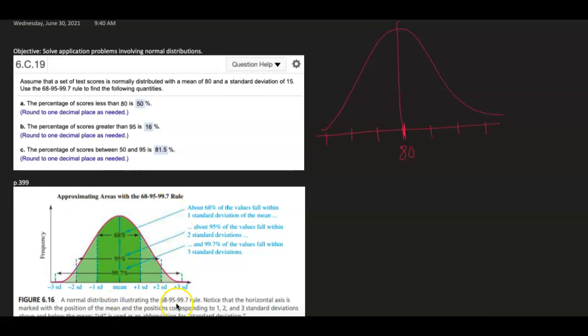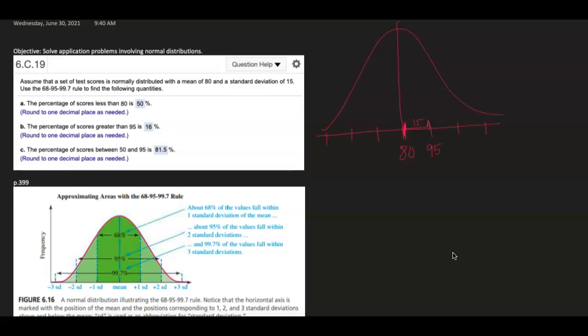Now the numbers that I put on these tick marks are going to be distance from the mean by 15. So the values between tick marks, from here to here, for instance, is 15. That's that standard deviation. So 15 units above 80 is 95.